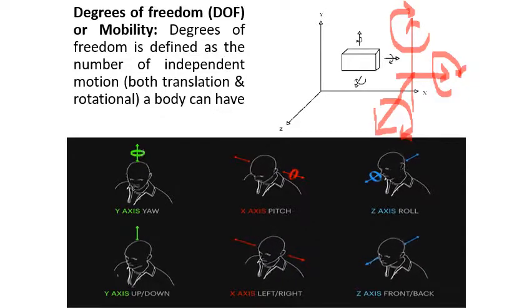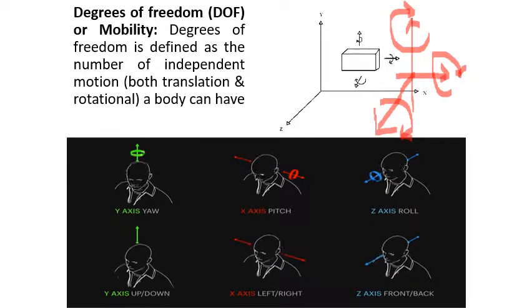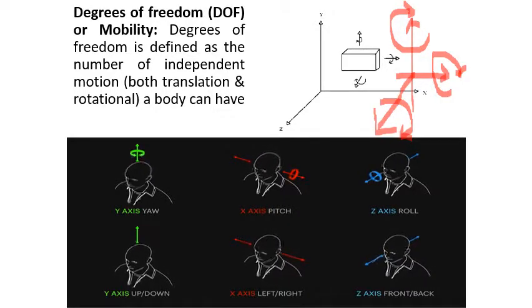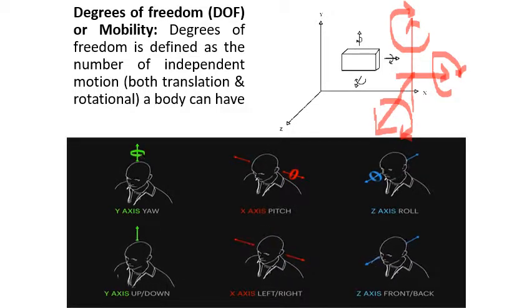In the first case, we can see the human head can be tilted towards the right side or left side, which we consider as rotational motion along the y-axis. The same head can move upward and downward, which we consider as translatory motion along the y-axis.